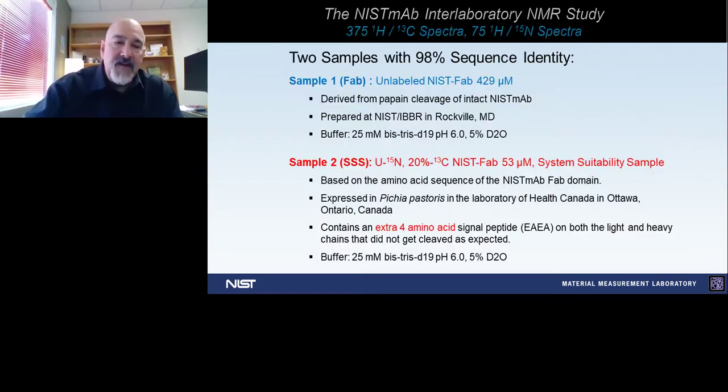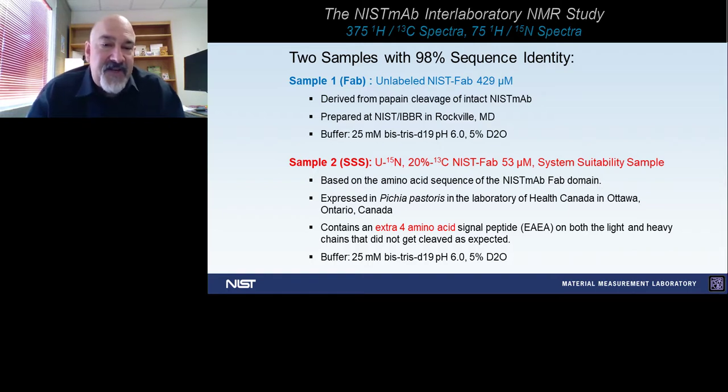As mentioned, there were 2 different samples. One is the Fab domain of the NISTmAb that was prepared by enzymatic cleavage of the NISTmAb sample. And the other was a sample called the system suitability sample. That's a version of the NISTmAb Fab sequence that was expressed in yeast. And originally it was intended that these 2 samples would have identical sequence, but one would be isotopically labeled.